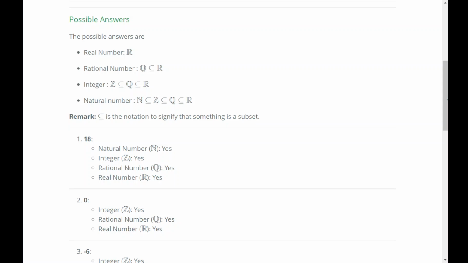Rational numbers, Q, and that is called blackboard font, by the way. So you see the Q, the R, and the Z, and the N there. That's a special notation called blackboard font. Anyway, Q is a subset of R. Q stands for quotient, which essentially means that rational numbers are the fractions of integers.